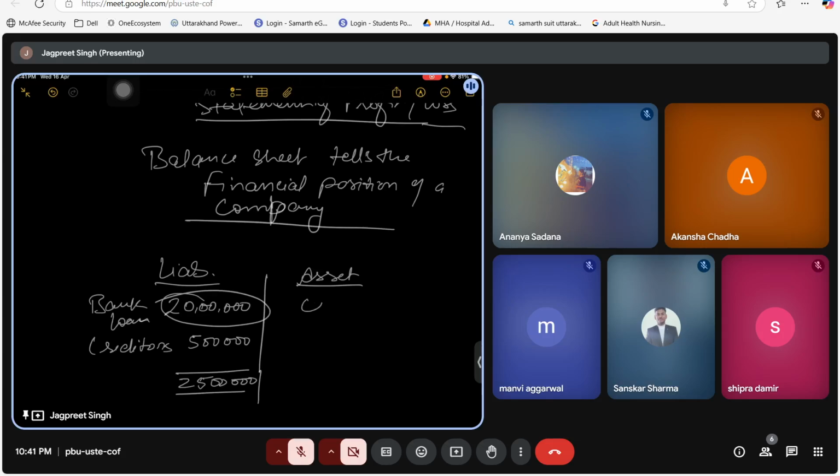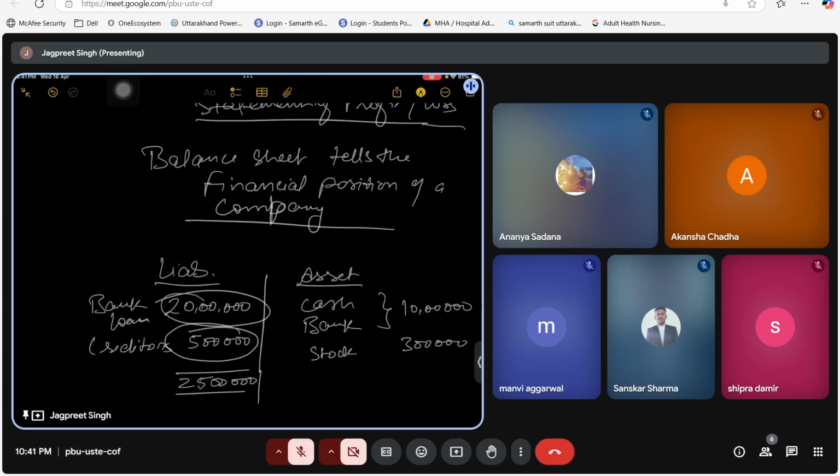So maybe I may have been left with cash in hand and bank balance of, suppose, 10 lakh rupees, and I have wasted another 10 lakh rupees. And for creditors, if I have purchased stock, maybe we have just stock left with us of rupees 3 lakh.